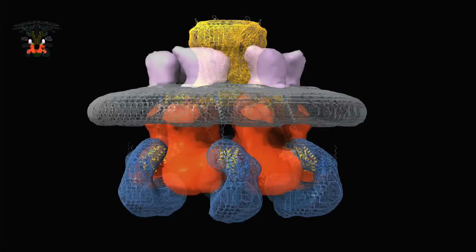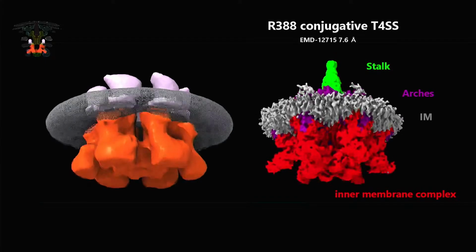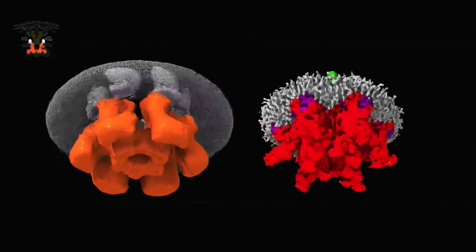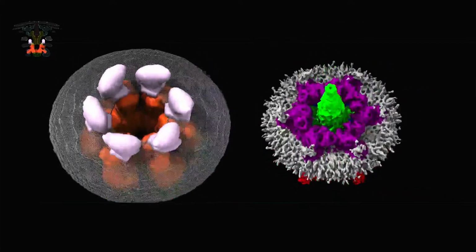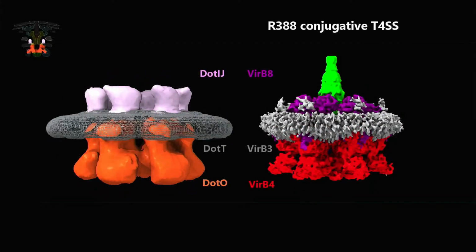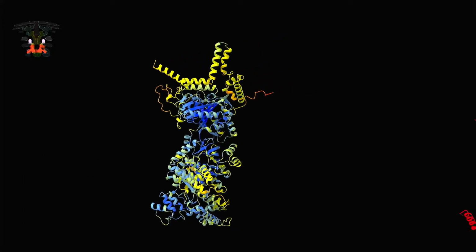Now we'll move into the transmembrane region and the ATPase complex. These proteins have strong homology to proteins in Gabriel Waxman's conjugative type 4 secretion system structure. So these three proteins are clear matches. So we were able to take those atomic models and build by homology there.